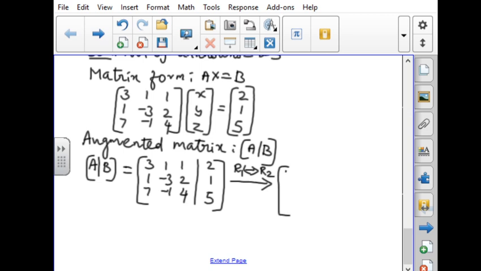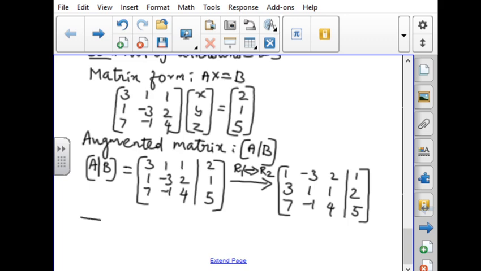1, minus 3, 2, 1. Next 3, 1, 1, 2. Next third row 7, minus 1, 4, 5. So we have interchanged row 1 and row 2.